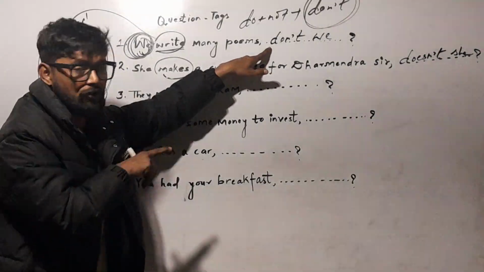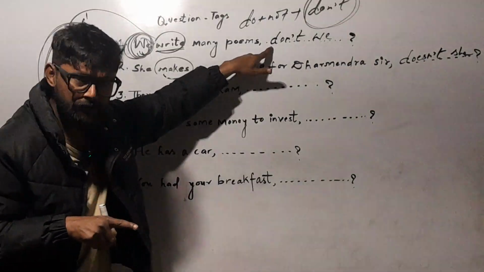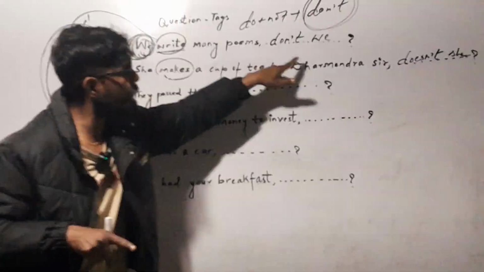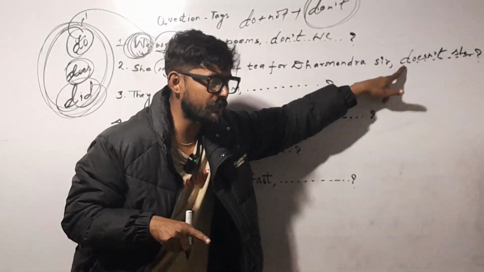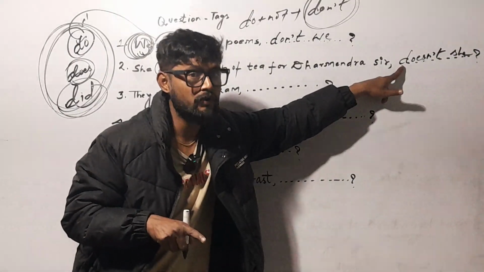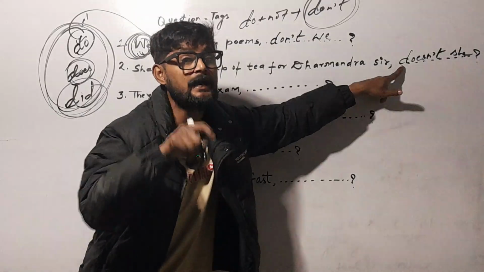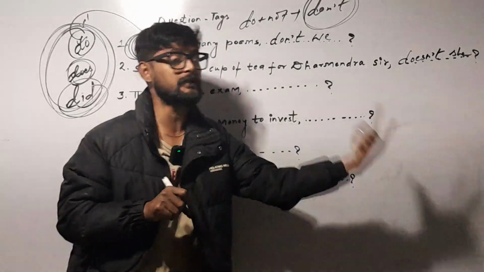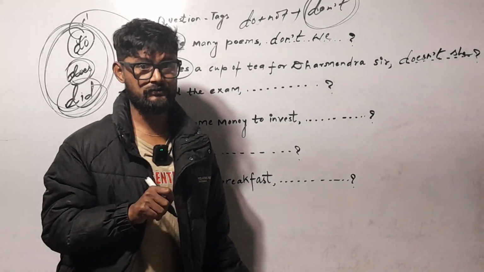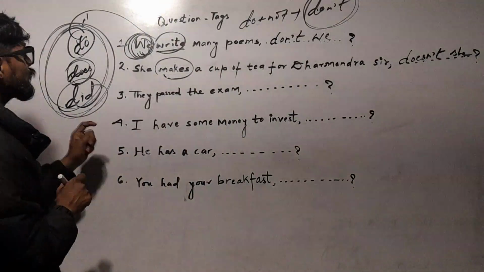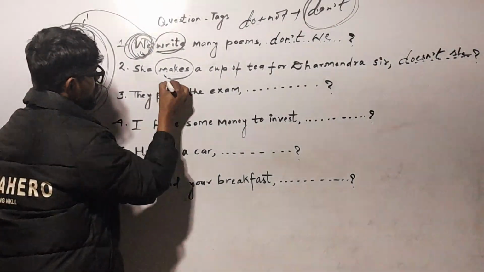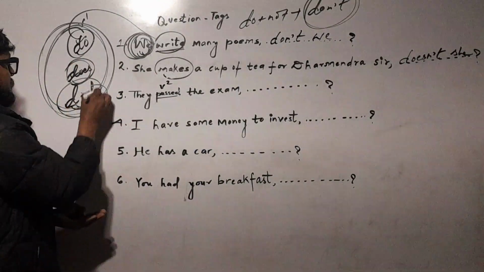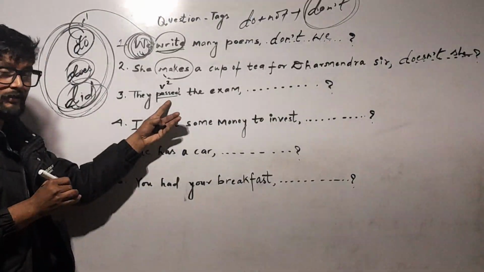So we must use a small letter in the tag, except I and O. Single I, single O. When we use I, there must be I in capital. So now, what is this? Verb 2. So verb 2 means did. What does verb 2 take in the tag?